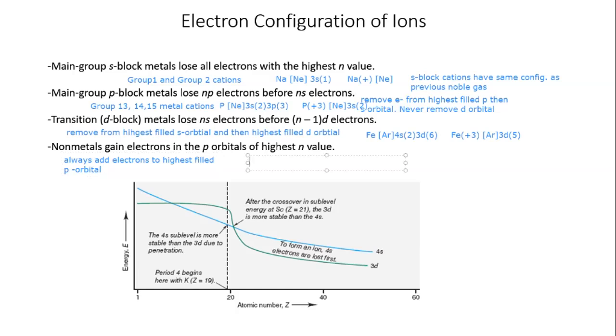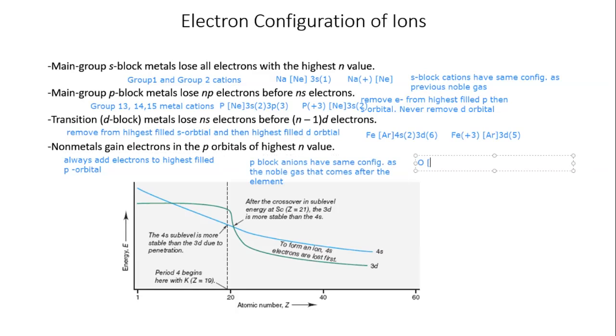And the p block anions have the same configuration as the noble gas that comes after it. So for example, we have oxygen.